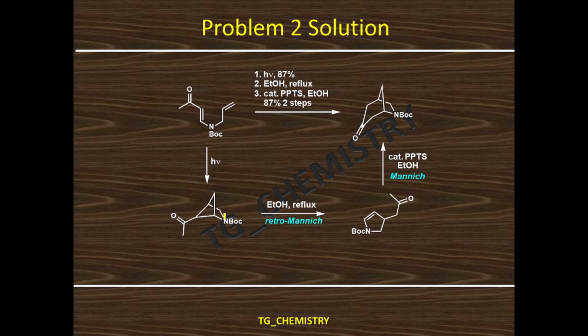Then the important 2 steps, by means of ethanol and reflux, will basically be the retro-Mannich reaction, providing this cyclic dihydropyrrole compound having a substitution at the 3 position, and then the Mannich reaction will be facilitated in the presence of the pyridinium paratoluene sulfonate catalyst, and then we will get the target bicyclic compound, the N-carbamate with a carbonyl compound. So here the retro-Mannich reaction proceeds first, followed by the Mannich reaction. These are 2 key steps to find the solution for this problem.